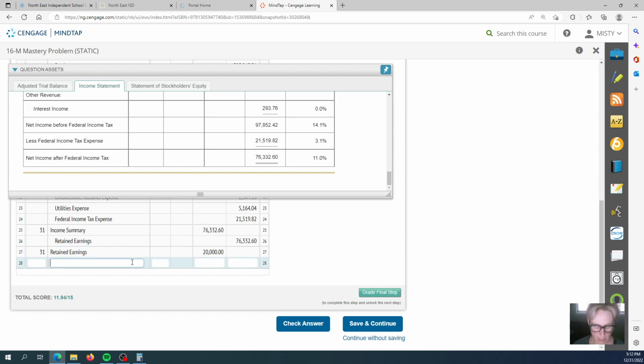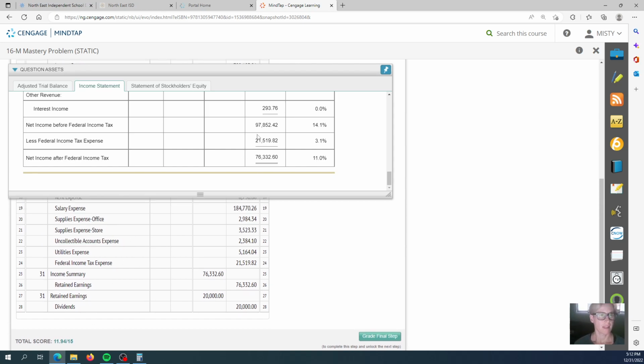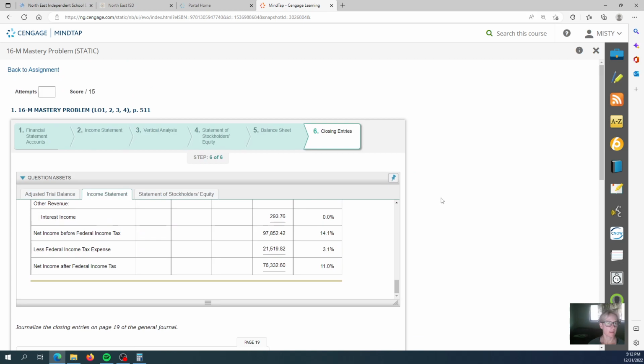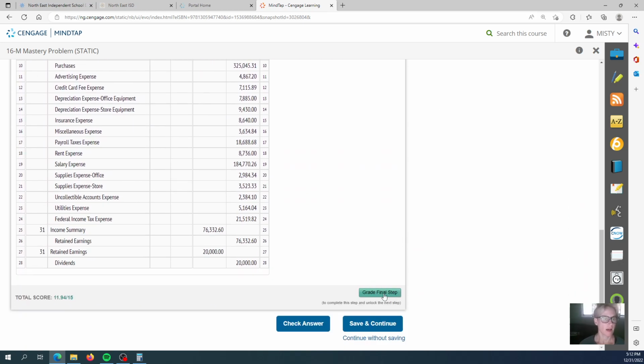And our dividends. Okay, so we need to close those out too. So we can start over with 0, okay? That is it. I believe that is the last step. Okay, good. So let's see how we did.